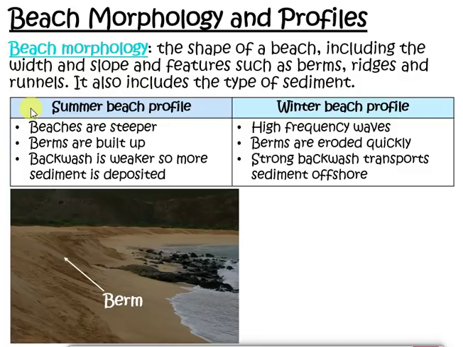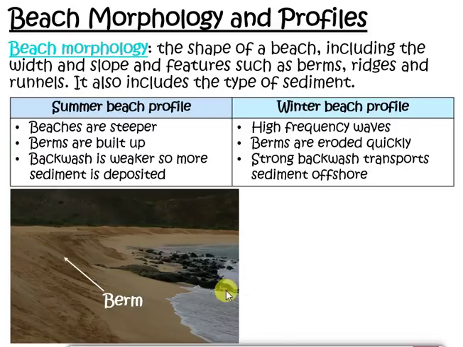So in summer, we've got constructive waves with a strong swash and a weak backwash, and they're obviously depositing. Deposition is the dominant process with constructive waves. What that does eventually is, as you can see, we get a landform or a feature called a berm forming. And they can get quite steep.